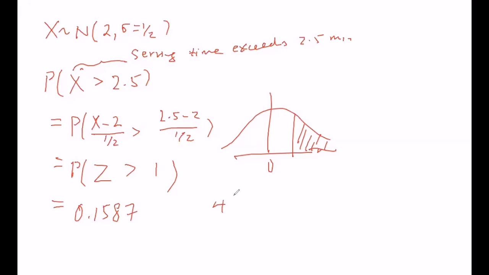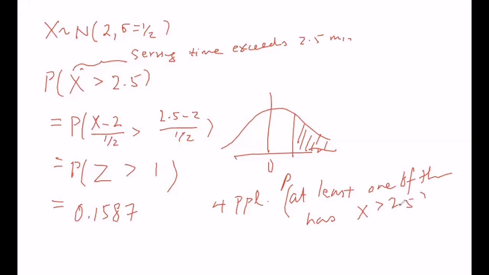Now, you've got 4 people. It says, what's the chance that at least one of them has x greater than 2.5. Instead of looking at this directly, you can look at the complementary event.